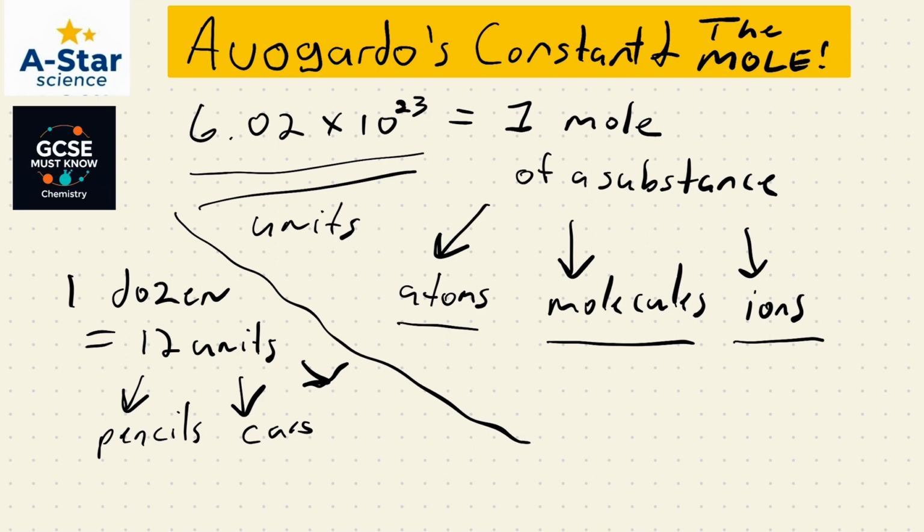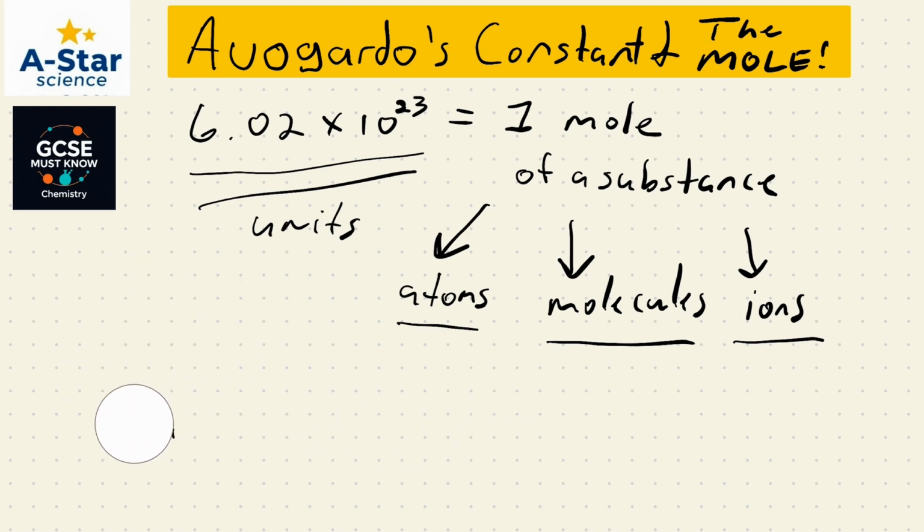If you had 1 dozen mountains, it doesn't matter, that would be 12 mountains. And it's the same thing in chemistry, that the unit of 1 mole would equal 6.02 times 10 to the 23rd of the number of those particular units: atoms, molecules, ions, and so on.